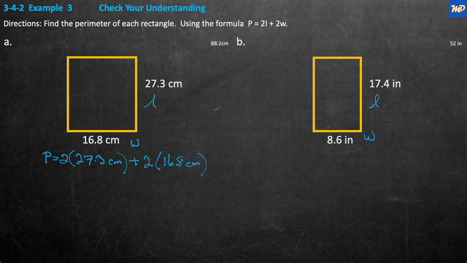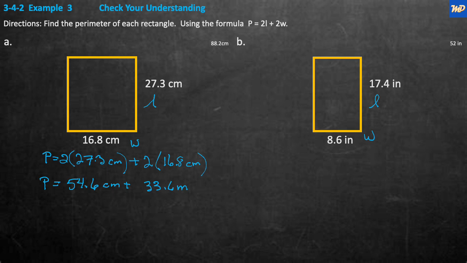So now we're going to multiply and add. P is equal to 2 times 27.3, which is going to be 54.6 centimeters, plus 2 times 16.8: 2 times 16 is 32, 2 times 0.8 is 1.6, and 32 and 1.6 is 33.6 centimeters.